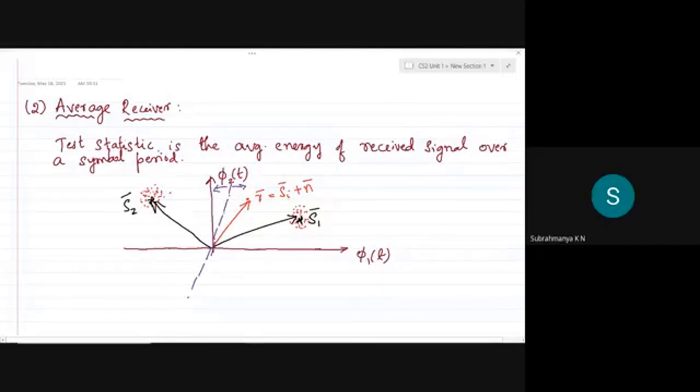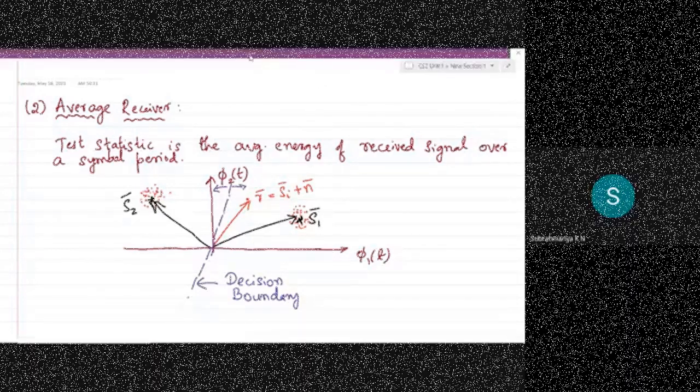So this kind of receiver may not work all the time. This is the decision boundary. This is just a conceptual understanding of the average receiver, but definitely something more has to be incorporated to make it more intelligent and more robust.